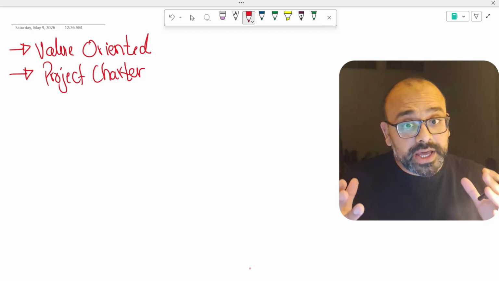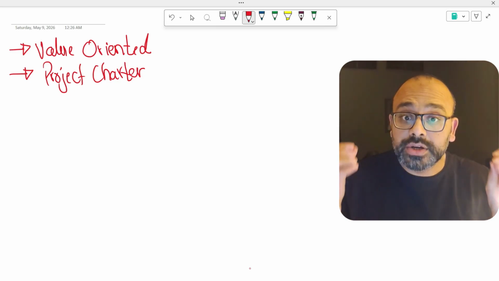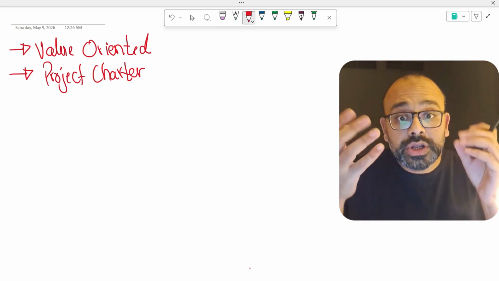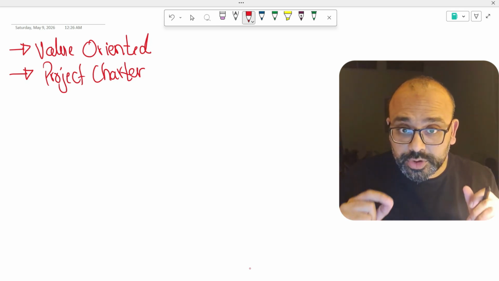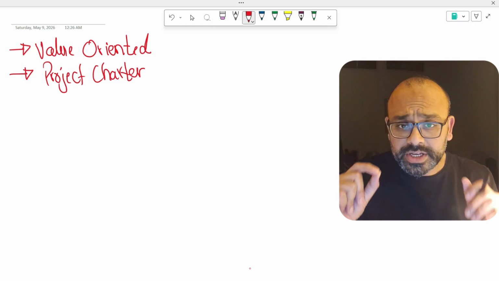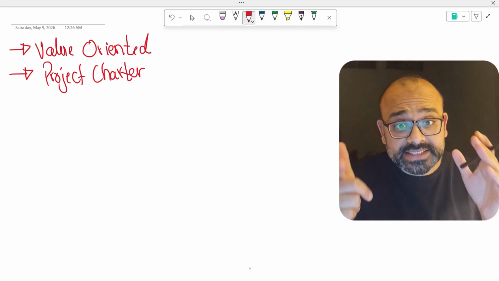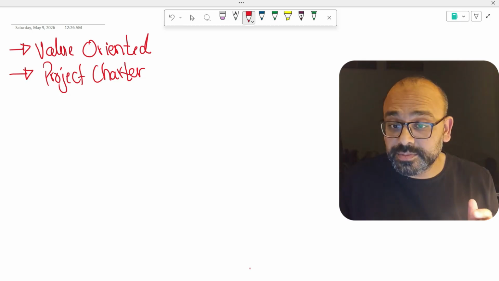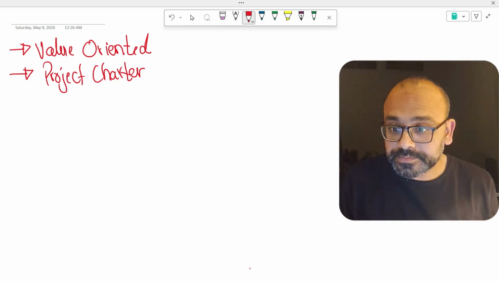It gives project manager the authority to start working on the project, to start using organizational resources. So that's the project charter. Study everything about the project charter. It also tells us the success criteria of the project, the objectives of the project. Always have this in mind. Study more about it.